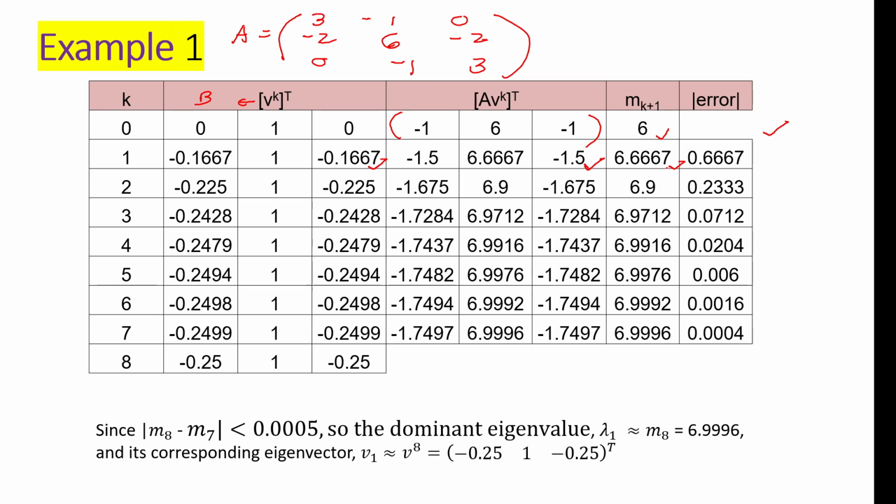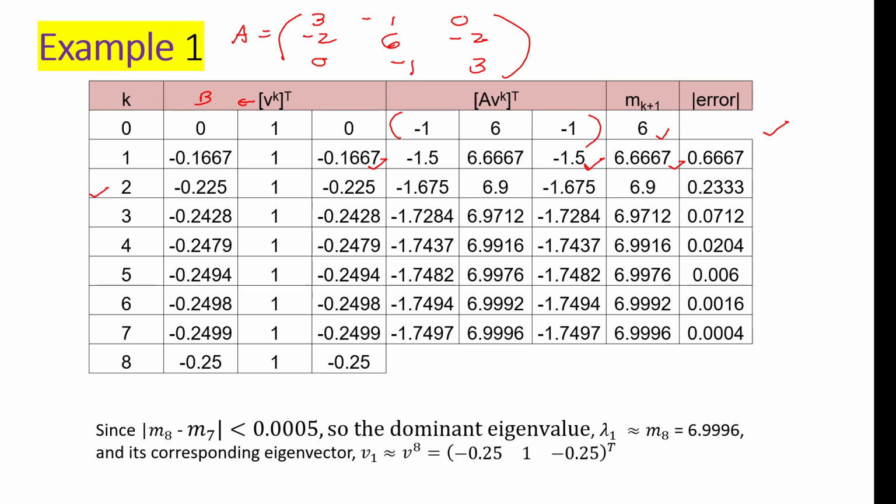Then you check M2, because MK plus 1, when k is 1, is M2. M2 minus M1 is the error. The error here is greater than epsilon. Hence, you need to proceed to the next row, which is k equal to 2. So the process is repeated.